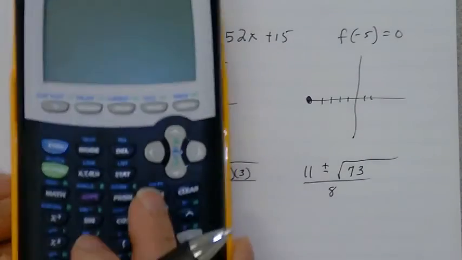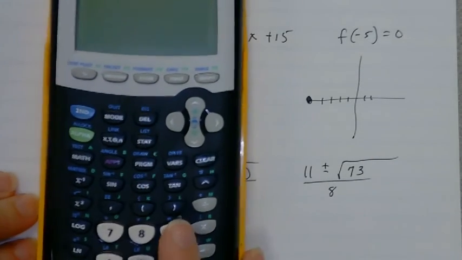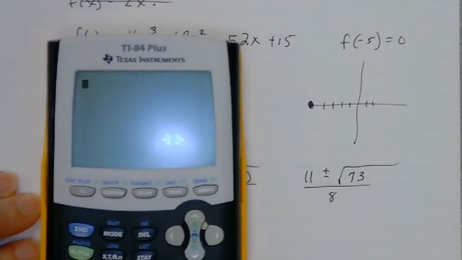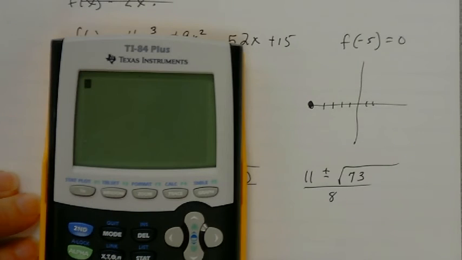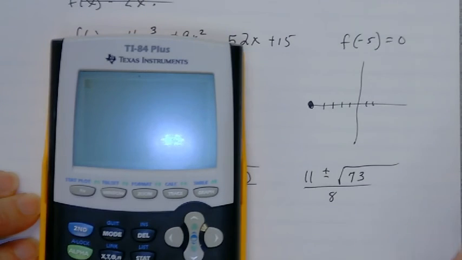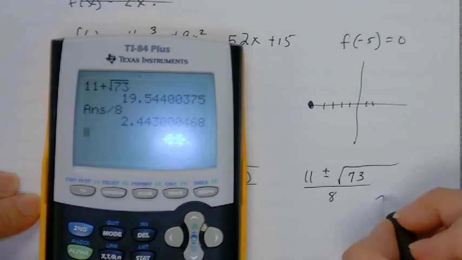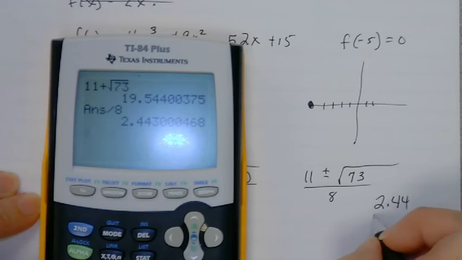So if I type that in my calculator, hopefully you can see there. So I'm going to type in 11 plus square root 73 divided by 8. So one of the zeros is at 2.44.